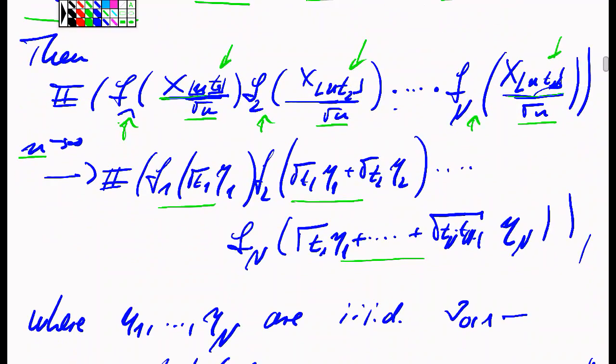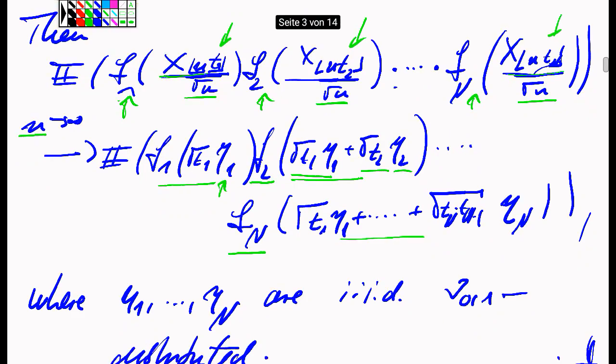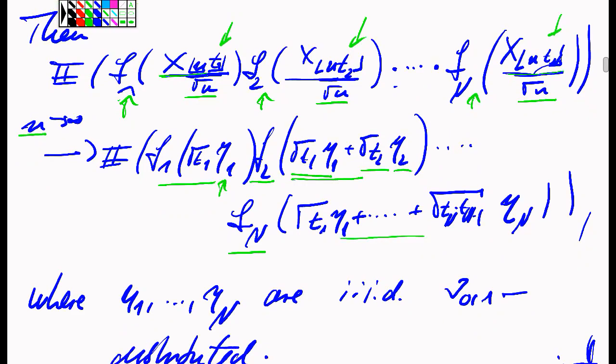Namely, the function f1 is evaluated on square root of t1 times eta 1, where eta 1 is a standard normal distribution. The observable f2 is evaluated on the same square root of t1 times eta 1, which appeared already before, but I add a square root of t2 times eta 2, and so forth, until the latest evaluation, which is an evaluation by means of the function fn.